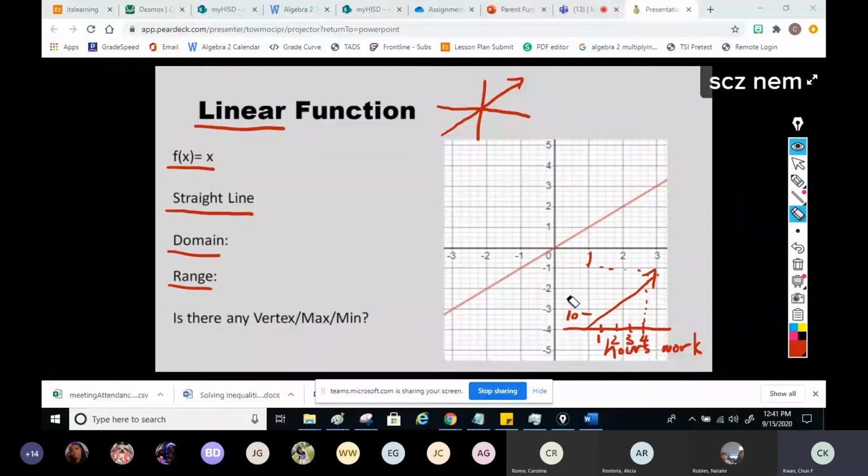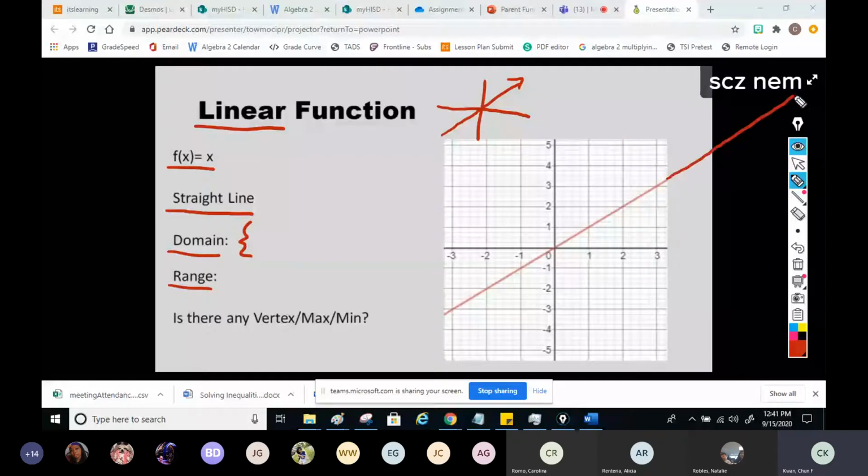All right, so right here, we are looking at domain and range. So domain is your x, okay? Domain is how far left and how far right your graph goes. When you're looking at this graph right here, make sure you extend the line so it keeps on going to the upper right. It never stops, okay?